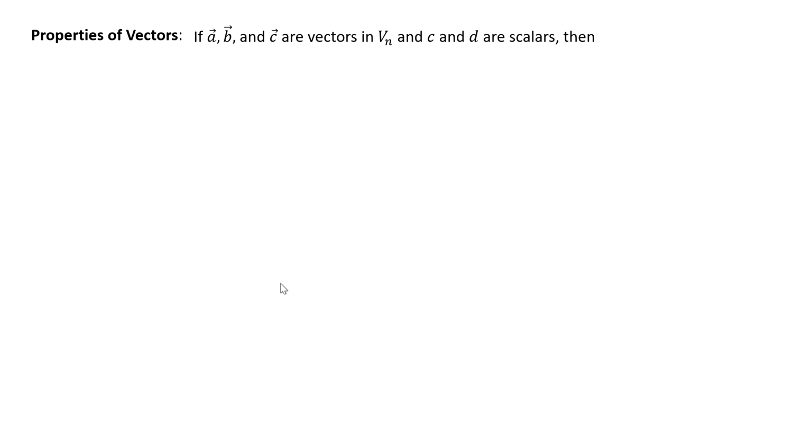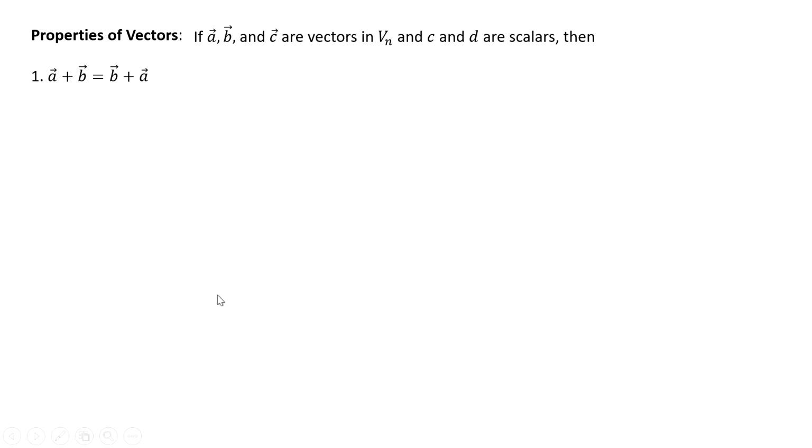So if we have an n-dimensional vector space in which A, B, and C are the vectors, in our case, we don't go beyond 3. So either V2 or V3 is what we are always looking at. A 2-dimensional vector or a 3-dimensional vector. And c and d are scalars.